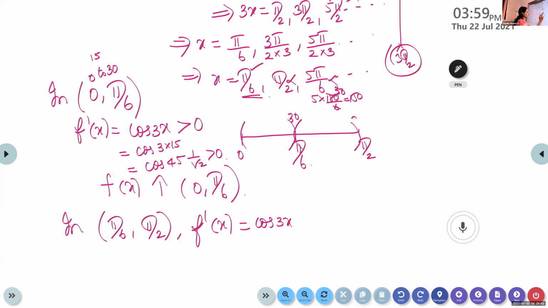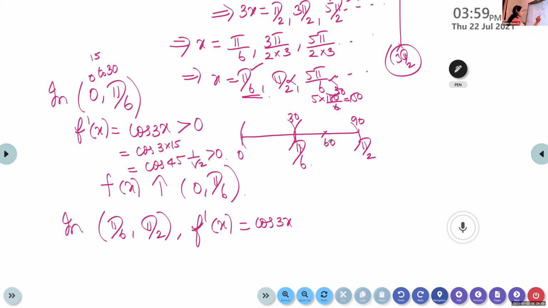Between 30 and 90, which values can you consider? 60, you can consider, or 45 you can take.